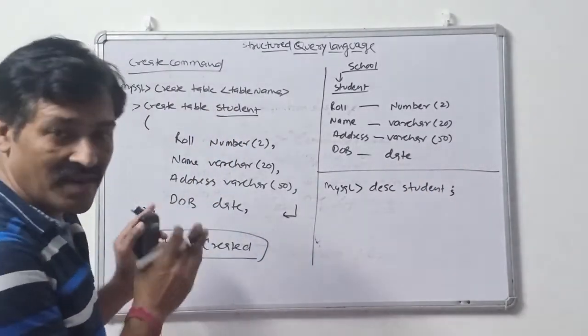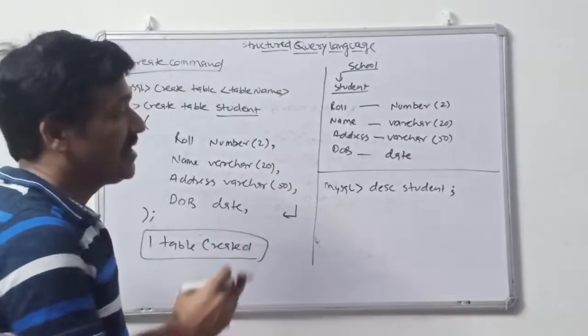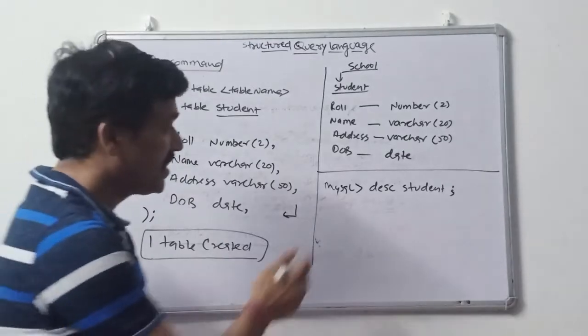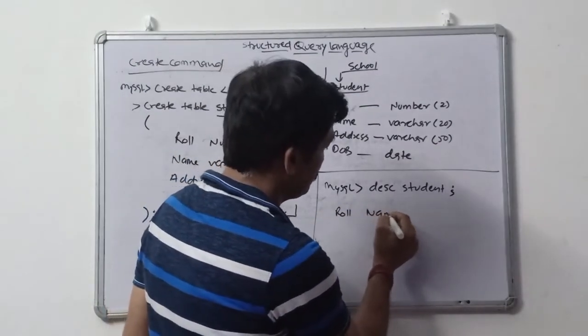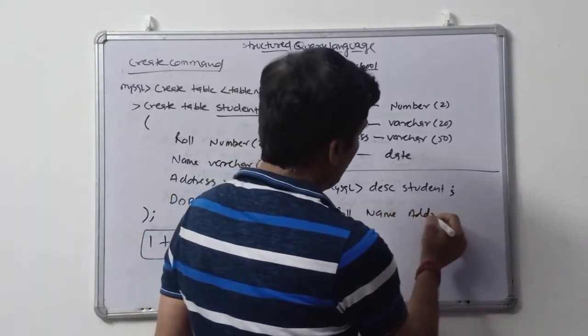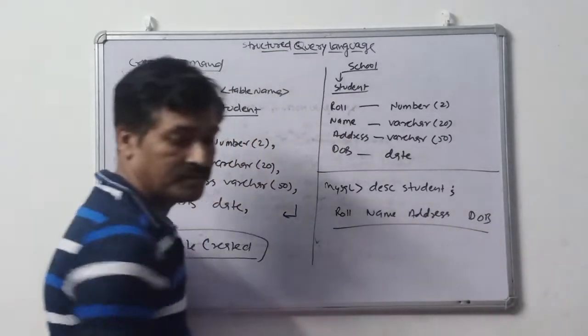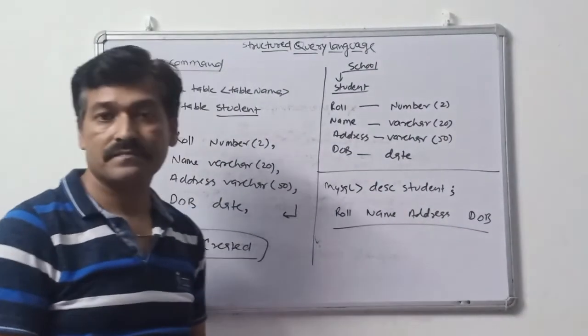Now, when this command is operated, after creating the table, this whole code, all the attributes coded here, will be shown in the tabular format. Roll number, name, address, and DOB. The whole table structure will be shown.